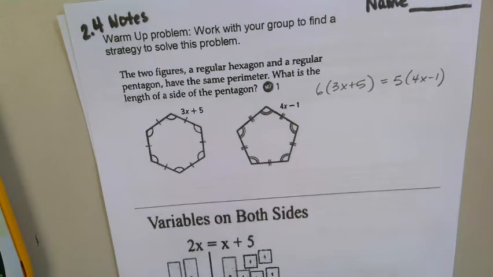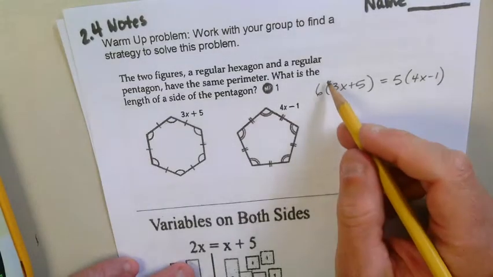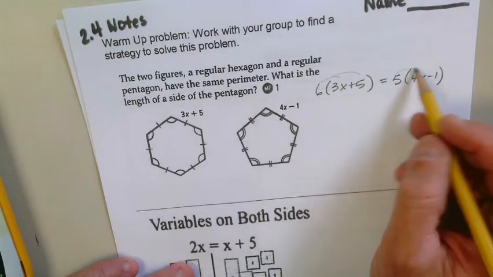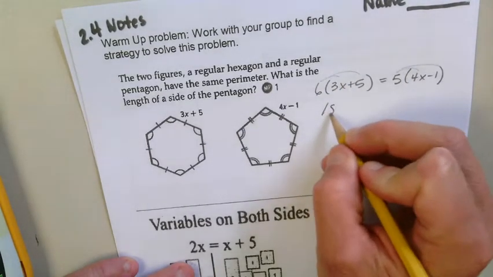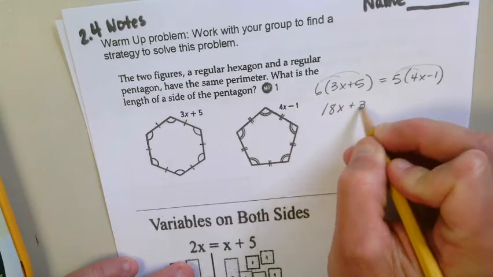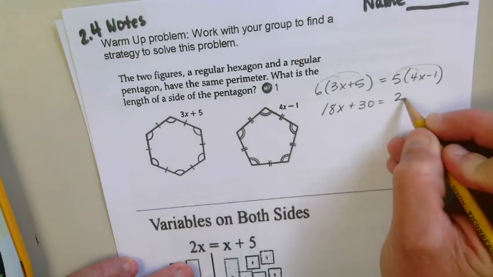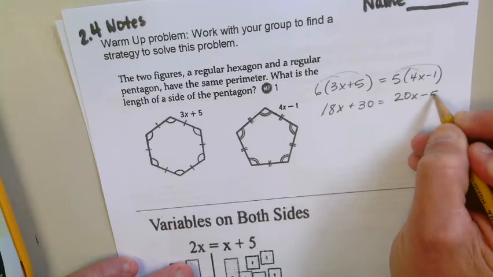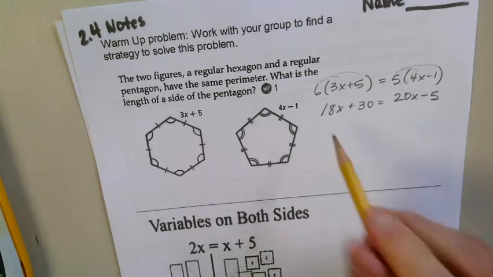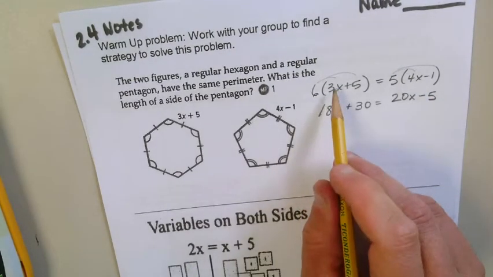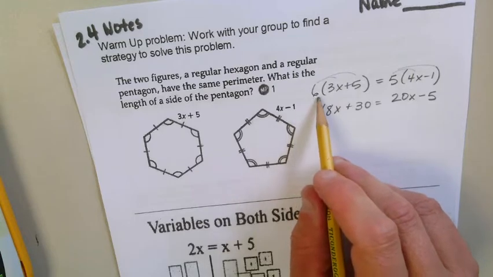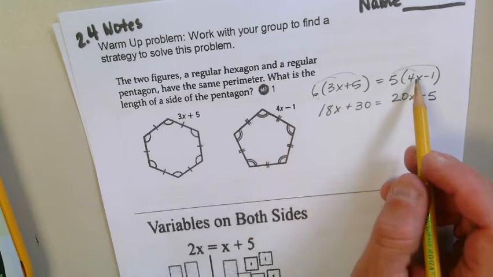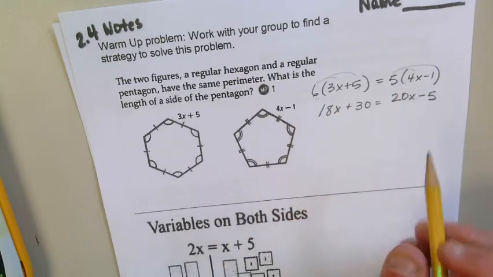So if we go ahead and solve for x, we distribute and distribute, and we get this. Don't forget to multiply both of these terms by this term right here. Same thing over here, multiply both of these terms by this term right here.